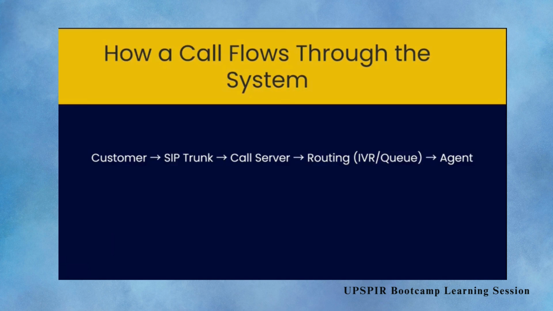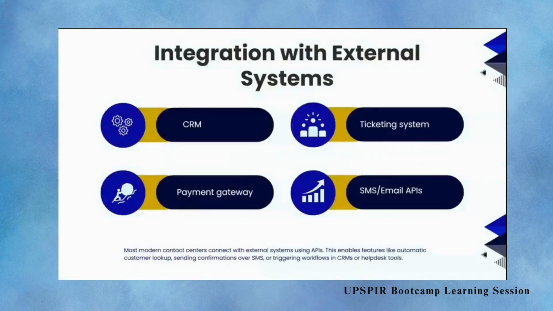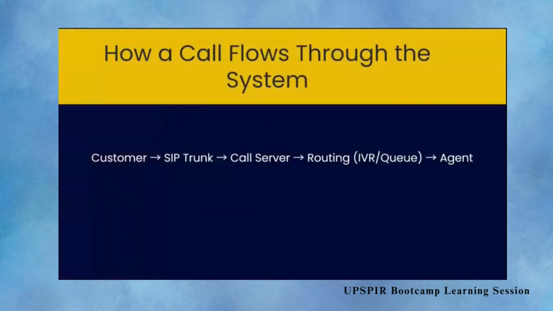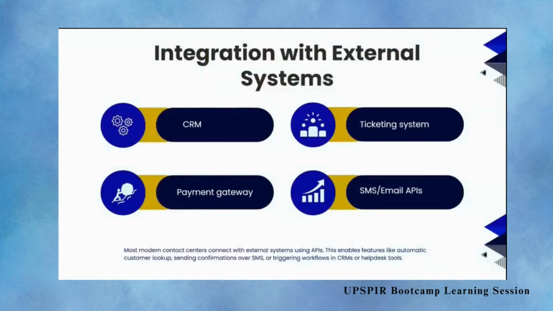You select multiple options over there. At some point of time, it will give you an option to reach the agent, and from there, you will be able to connect with the person with whom you want to speak. This is typically an inbound call. An outbound call will be similar to this, but yes, in outbound call, different logics will apply, which we will see in a later stage.